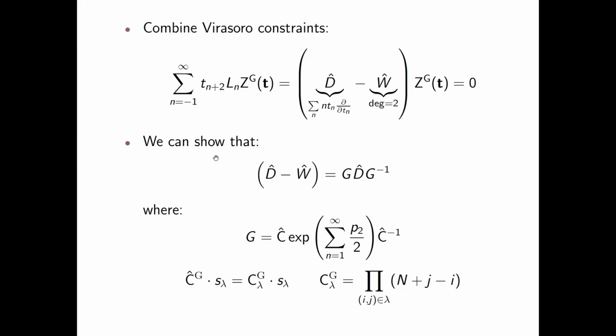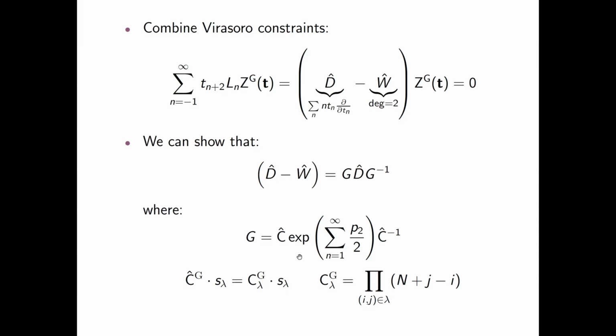There is only a single equation for the whole partition function, and the equation is actually really simple in the algebraic sense. The whole operator that acts on this partition function can be brought by a similarity transformation to simply D hat, where D hat is just the earlier operator in many variables.